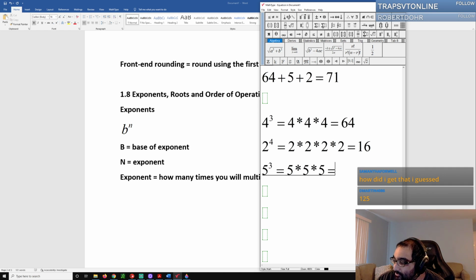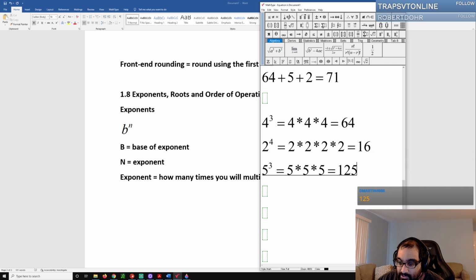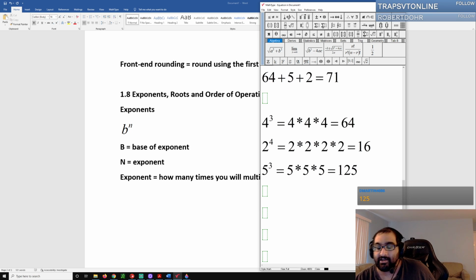We have 5 times 5, which is 25, and 25 times 5 is indeed 125. A good way for 5s that I always look at, especially for powers, is that 5 times 5 is 25, or a quarter. Well, how much money do you have if you have 5 quarters? You have $1.25. So you get 125 for that. That's the way I actually remember that in my head.